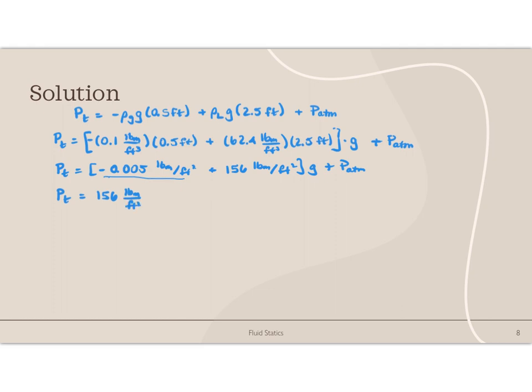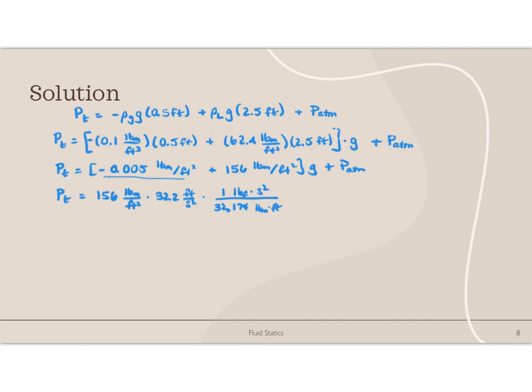And what is G? Well, we're in English units or American engineering units, so it's 32.2 feet per second squared. And now I need a G sub C. So 1 pound force is 32.174 pounds mass foot per second squared.